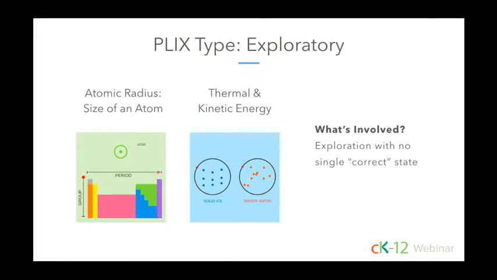Similarly, for the thermal and kinetic energy one, as they manipulate it and see how things move, they can see that while not necessarily fixed, there's a little bit of movement within solid ice as well as more movement in that water vapor. So a great teaching strategy for this would be to have students explore a PLIX and then share their different experiences and what they learned with each other about that PLIX.